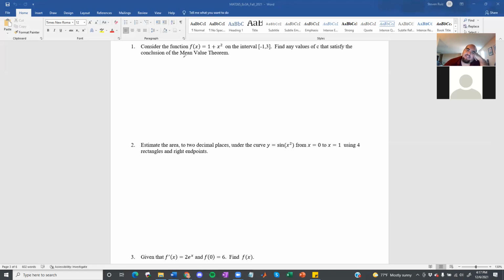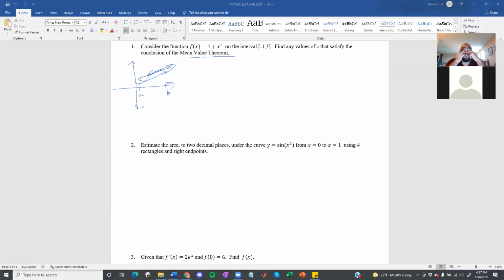The mean value theorem basically says that if you have some function over an interval, whatever the slope is between those 2 points, like the average rate of change over some interval of a continuous function, the function will somewhere have a derivative that's equal to that.